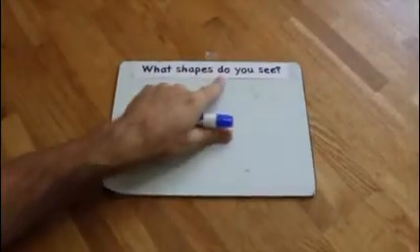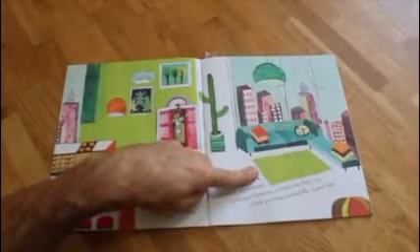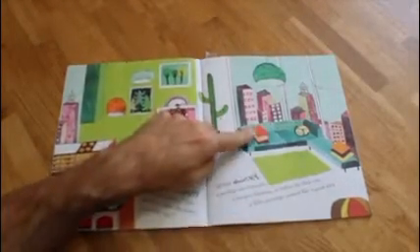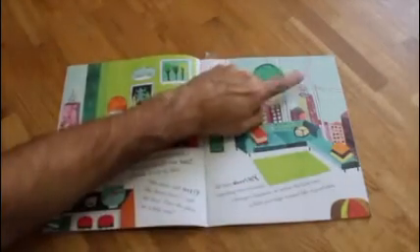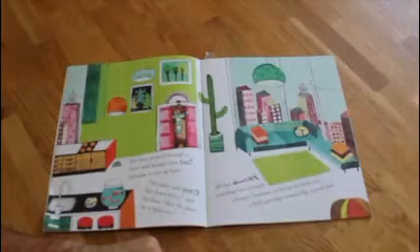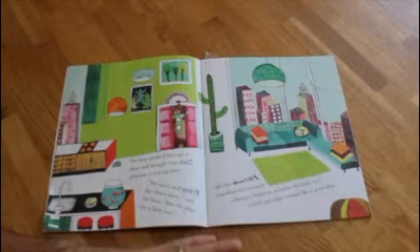What shapes do you see? Okay, we've seen the rectangle, seen the squares. Up on top of that water tower, we talked about it being a cone. We talked about lots of different shapes. What else do we see?